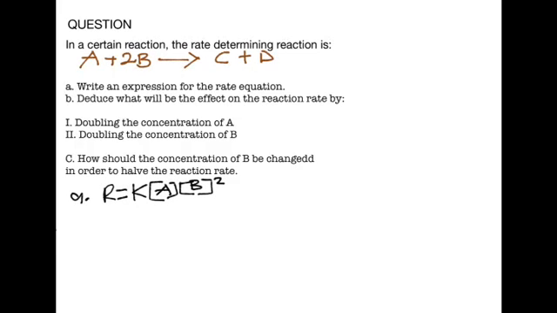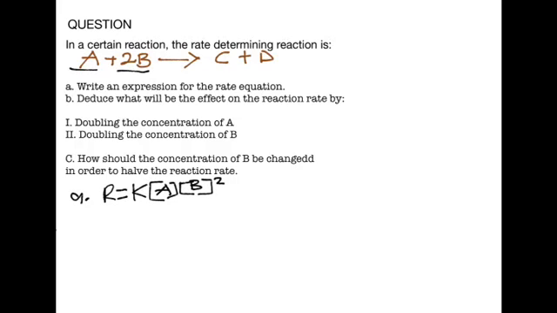Now this is the order of reaction with respect to B, and the order of reaction with respect to A is 1, so you don't have anything at the top there, which means the moles of these reactants are equal to the order of their reactions, because it is the rate determining step.